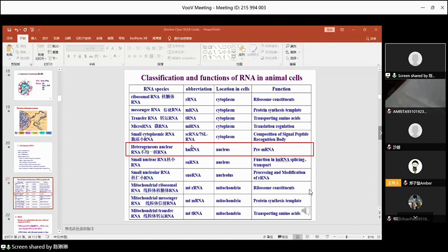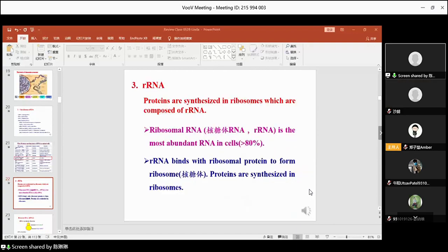And you should know that it is the pre-mRNA in eukaryotic organisms. So remember that hnRNA is located in the nucleus, and its function is as the eukaryotic pre-mRNA. Remember this. I will give you some single choice questions about this part.